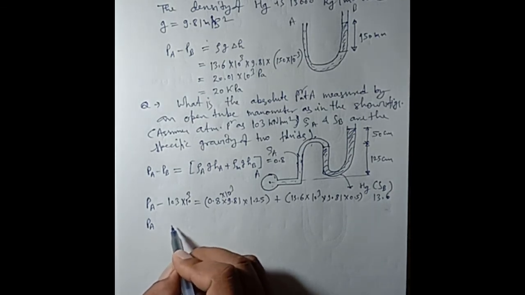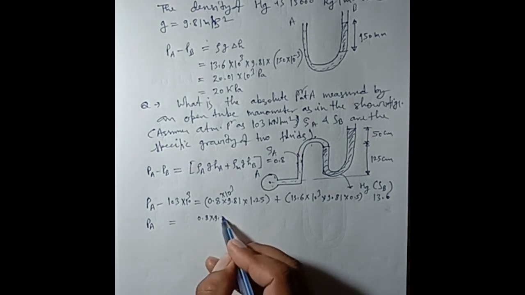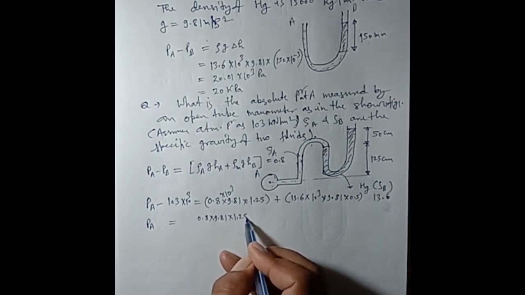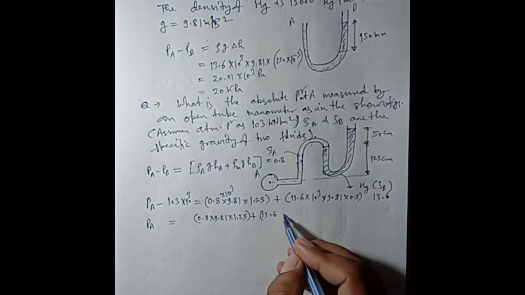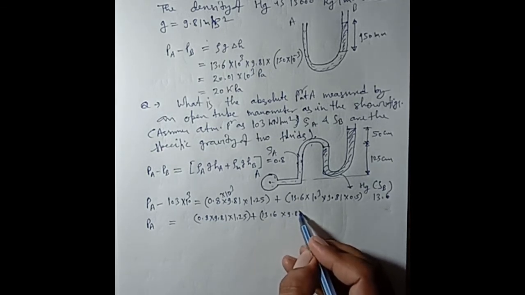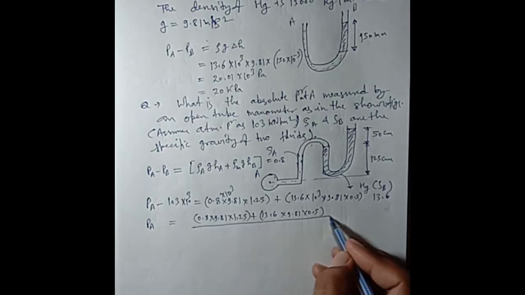PA is equal to 0.8 into 9.81 into 1.25 plus 13.6 into 9.81 into 0.5, whole divided by 10^3.